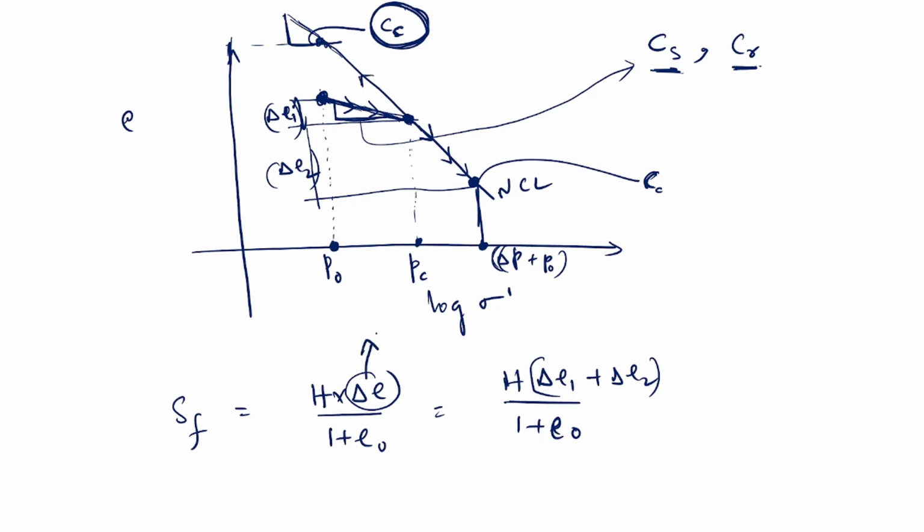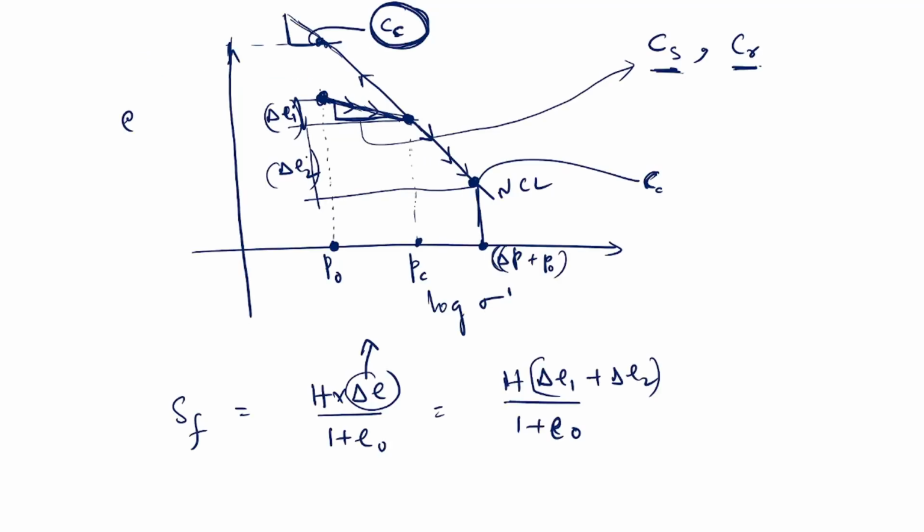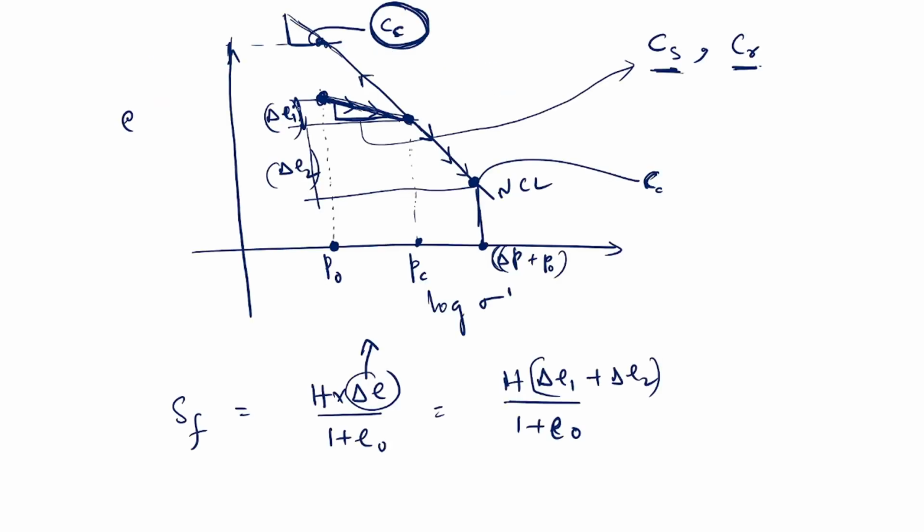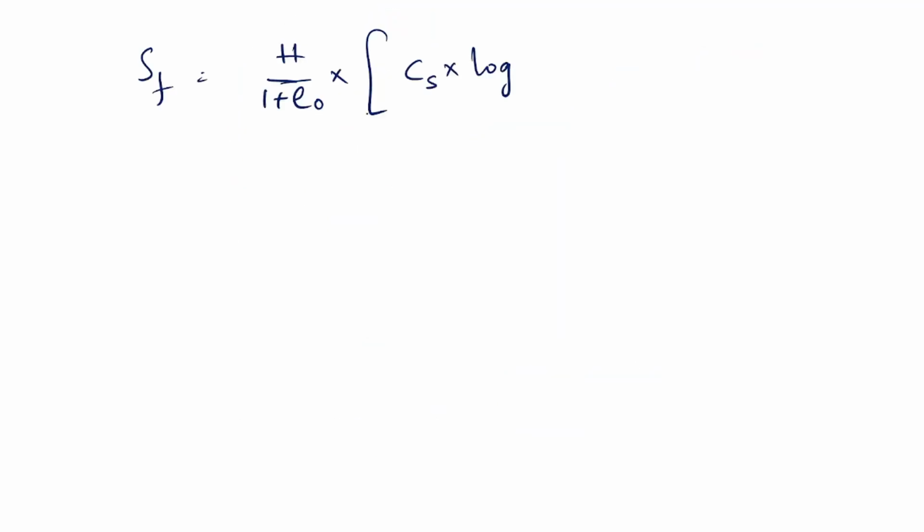Total delta E is nothing but delta E1 plus delta E2. Delta E1 is from here. It is CS multiplied by the x coordinate, since the y coordinate is the slope times the x coordinate.